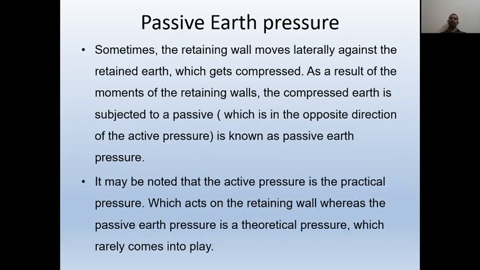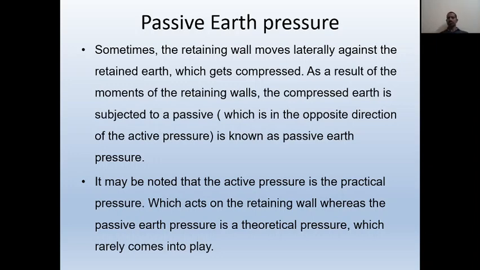And we have passive earth pressure. Sometimes a retaining wall moves laterally against the retained earth, which gets compressed, and as a result of the movement of the retaining wall, the compressed earth is subjected to passive pressure, which is in the opposite direction of the active pressure, and therefore it is called passive earth pressure.